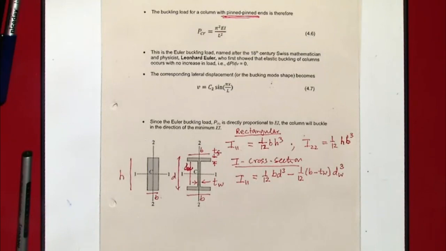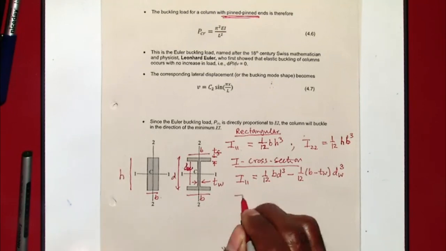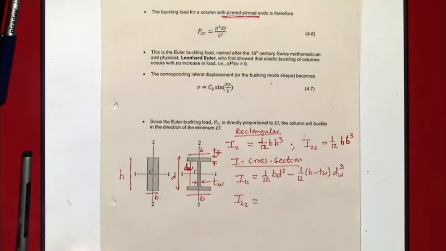See if you can get that, okay? So you look at the whole as a rectangle, and then you take away the parts where you know you don't have any material. If I do it for 2, 2, it will be exactly the same. We write it down as we've done for the first one.